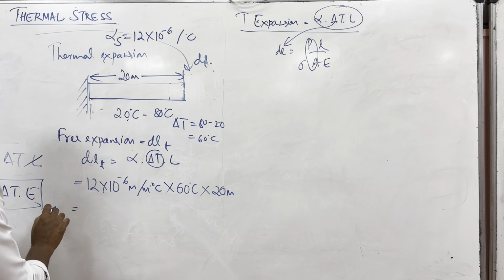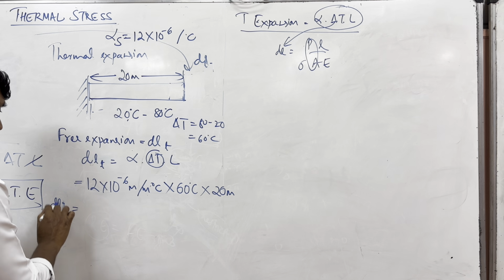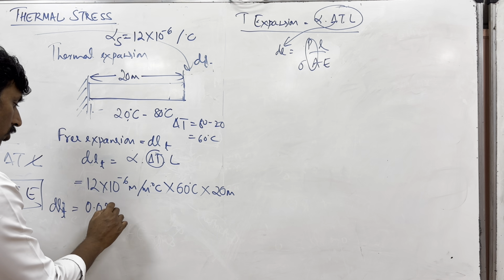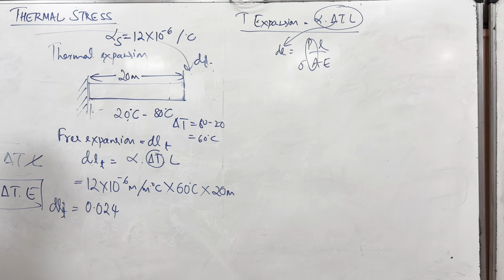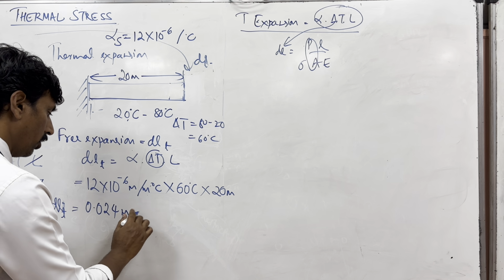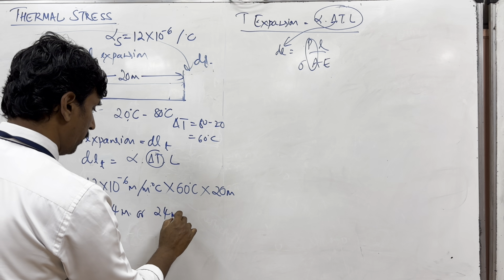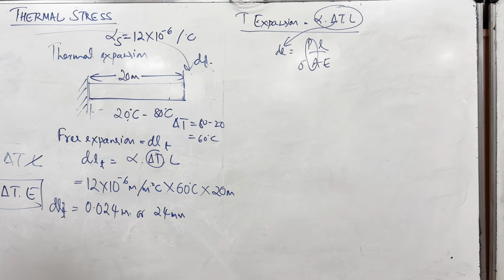Now we can find dLT, the change in length due to temperature. So what is the answer, guys? 0.024? One thing you can do, it is in meters.